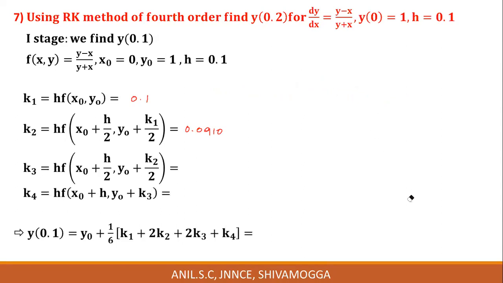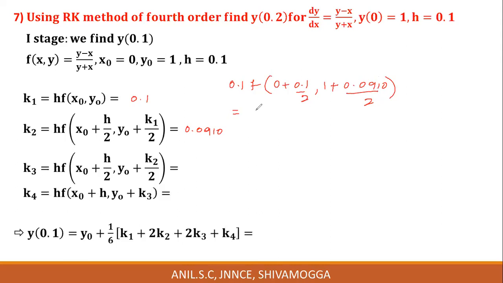Next, we find K3. K3 is given by h into f of x0 plus h by 2, y0 plus k2 by 2. h is 0.1. x0 is 0 plus h by 2 is 0.1 by 2. y0 is 1 plus k2 by 2. k2 is 0.0910 divided by 2. 0.09087.